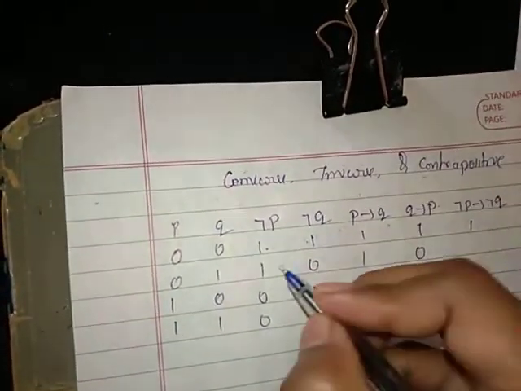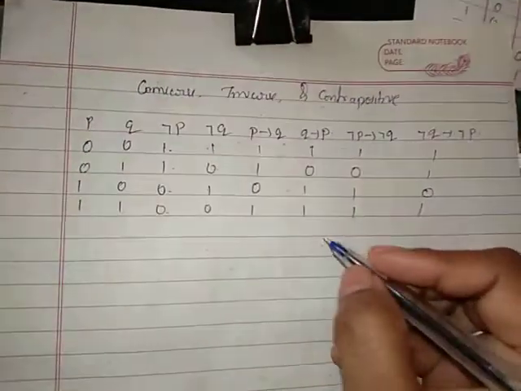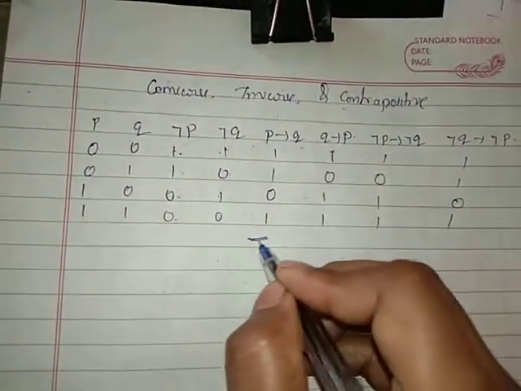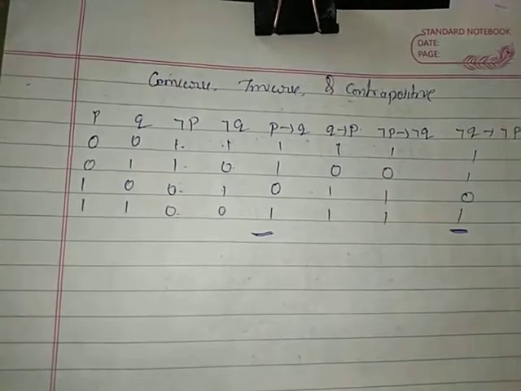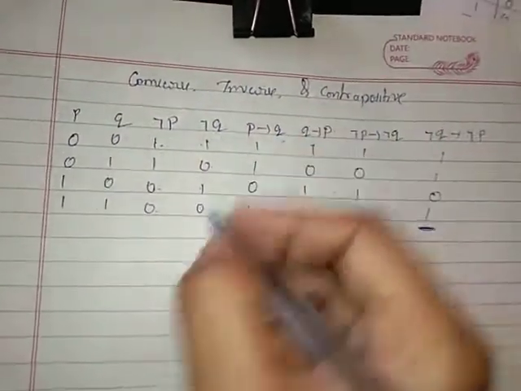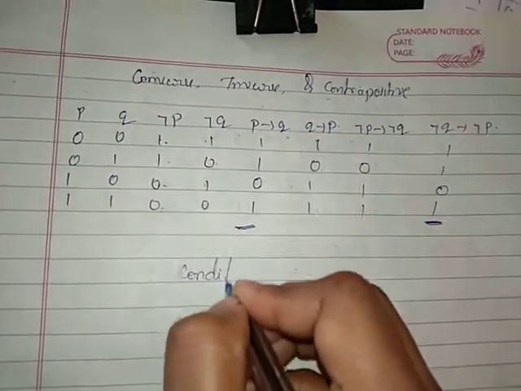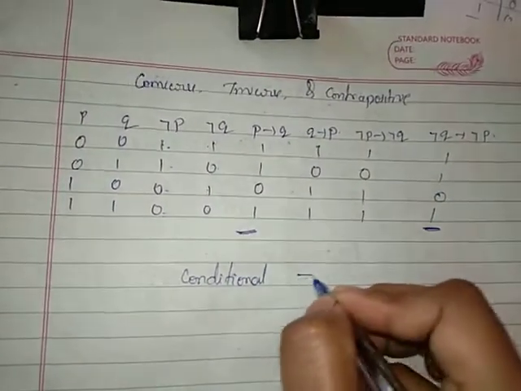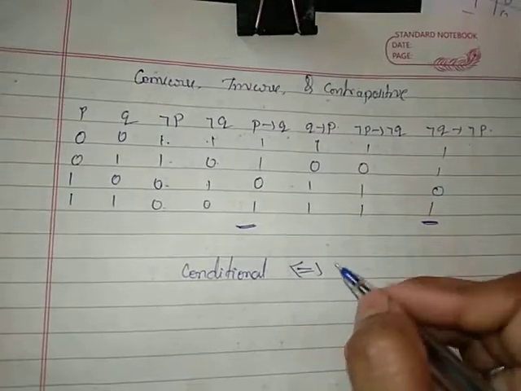1 implies 1, 1 implies 0, 0 implies 1, 0 implies 0. Now negation of Q implies negation of P: 1 implies 1, 0 implies 1, 1 implies 0, 0 implies 0. Now see the truth table of P implies Q and negation of Q implies negation of P, means the conditional is equivalent to the contrapositive.